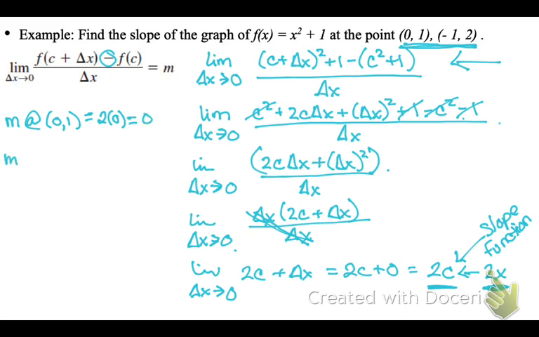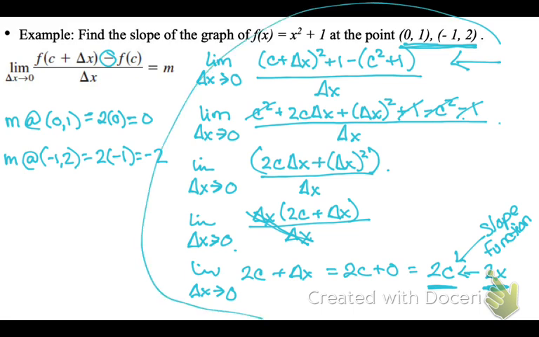If I want the slope at negative 1, 2, 2 times what? Negative 1, which is negative 2.